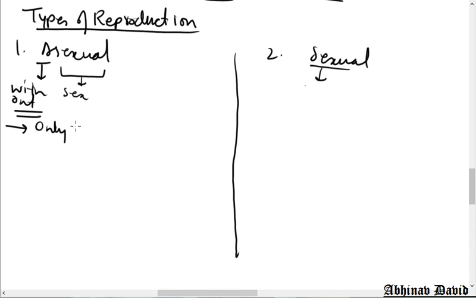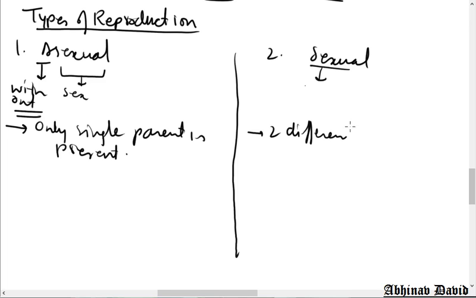So one parent organism can give rise to a new organism. In sexual reproduction, two different parents are present, one male and the other female.